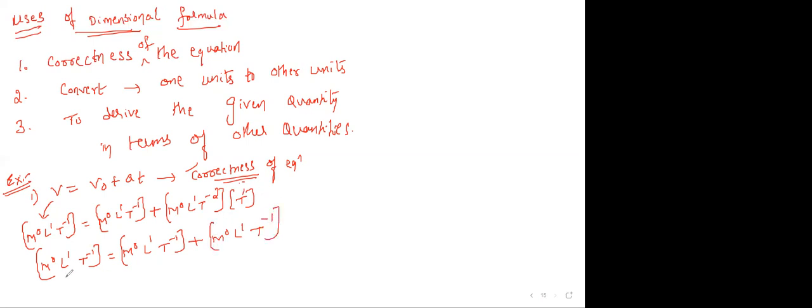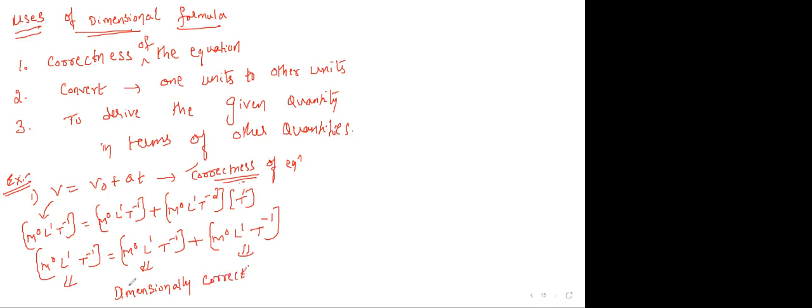Now please have a look at the dimensional formula for each term. Whatever the dimensional formula we got for each term, they are the same. If the dimension of each and every term is the same, then such an equation is said to be dimensionally correct.